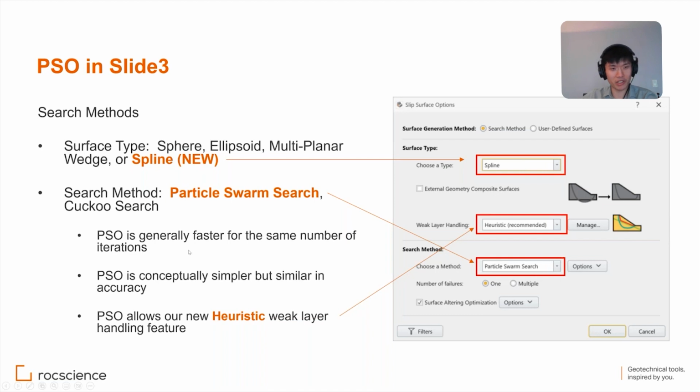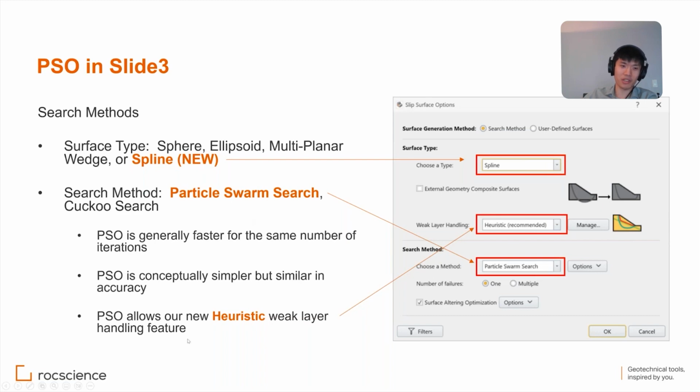But after some research over the last year, we did find that particle swarm is generally faster for the same number of iterations, especially for the spline search. It's also conceptually simpler. It's so much more popular across every discipline than cuckoo search, so we decided we wanted to make it the default. And it's still similar in accuracy.